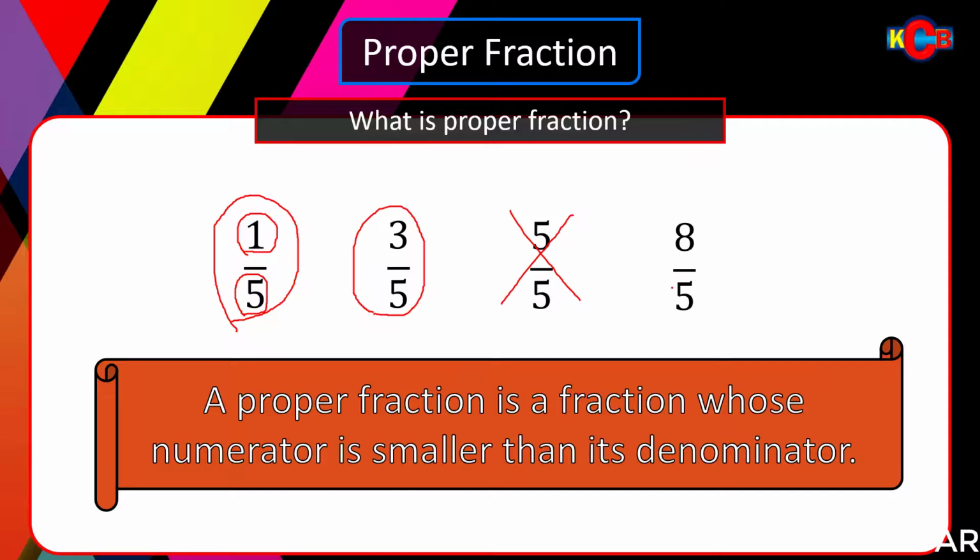Lastly, for this fraction, we have 8 as the numerator and 5 as the denominator. Since the numerator is larger than the denominator, therefore this is also not a proper fraction. The number at the top is bigger than the number at the bottom. Remember, if the numerator is smaller than its denominator, it is a proper fraction.